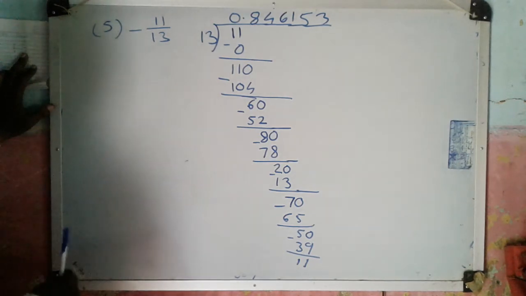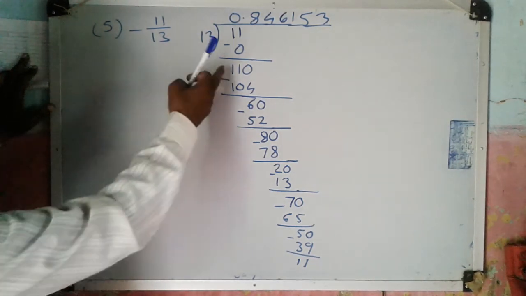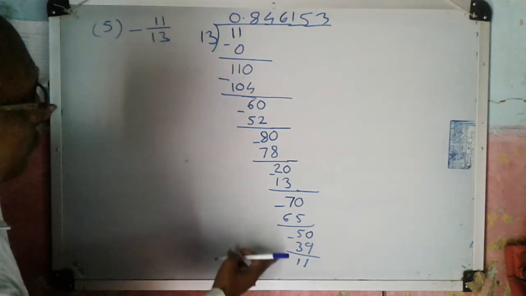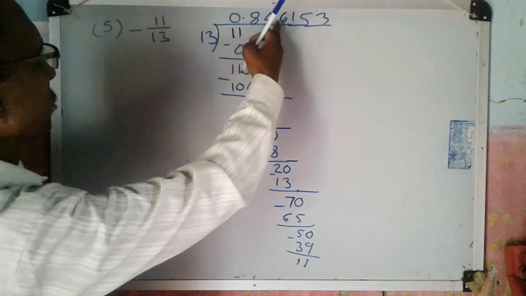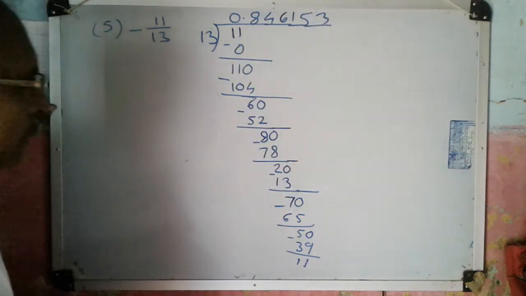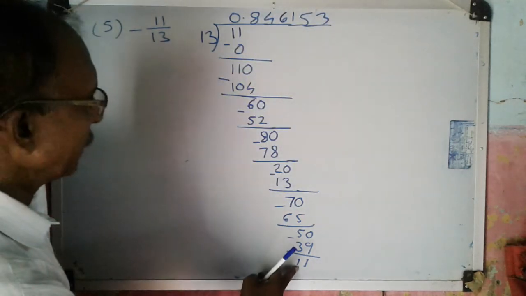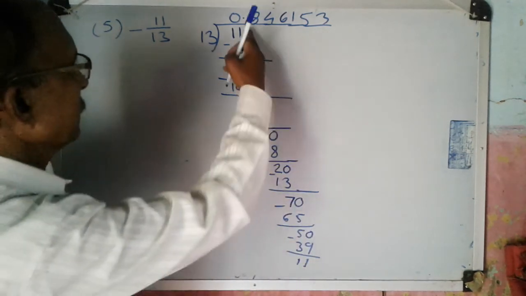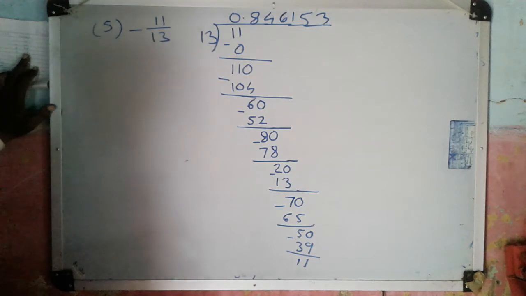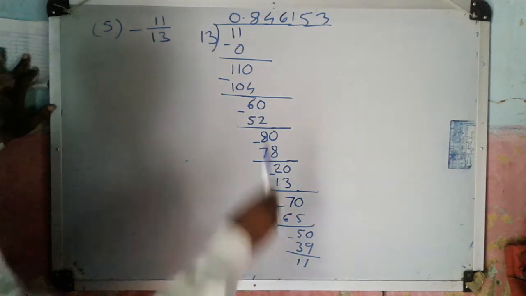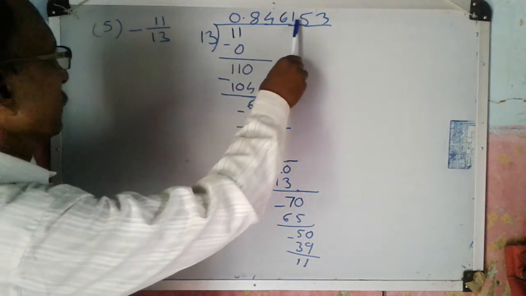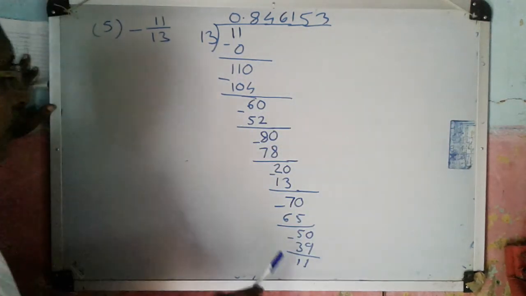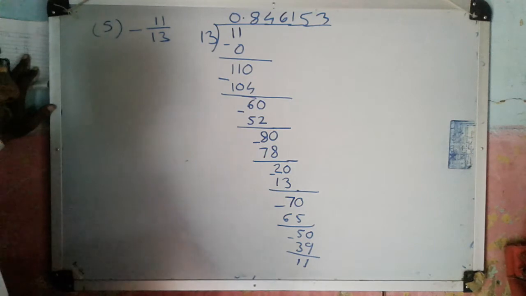Here the remainder was 11. After this the quotient digits we got are 8, 4, 6, 1, 5, 3. Again here we got remainder 11. And if we divide further, we will get the same digits as a quotient, that means 8, 4, 6, 1, 5, 3. The same digits will repeat again and again if you divide, and this process will not end.